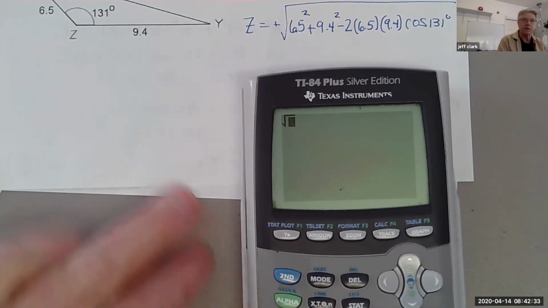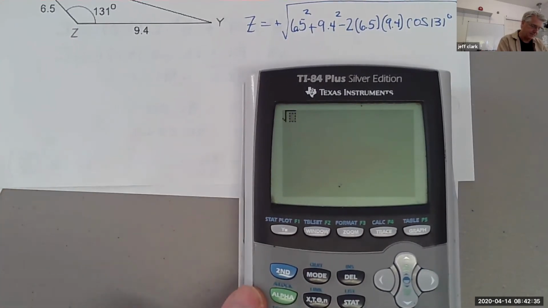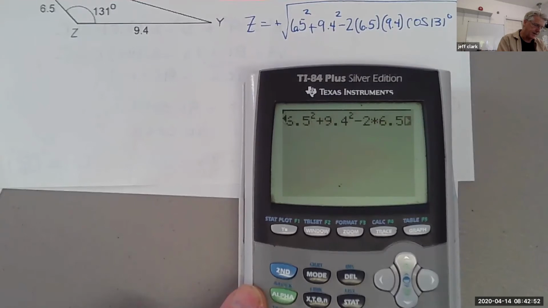Get that little square root on there, and as I type, that square root symbol just kind of stretches right out. Square that, and then go plus 9.4 squared, and then subtract 2 times 6.5 times 9.4 times cosine 131 degrees. And I know I'm in degree mode from a previous problem.